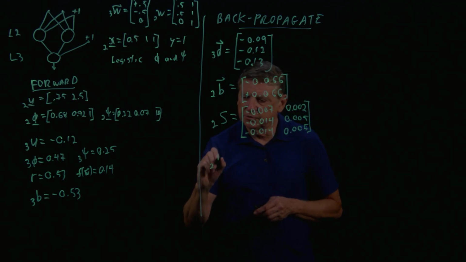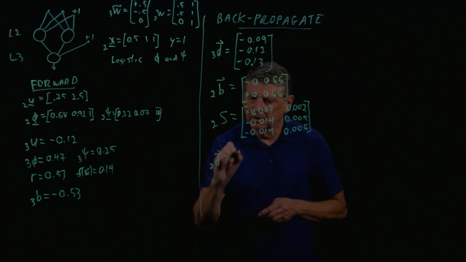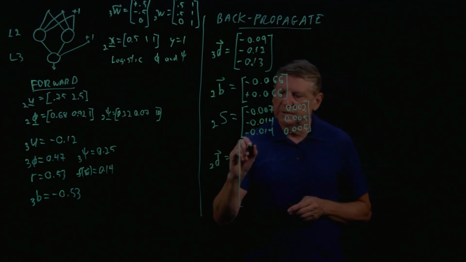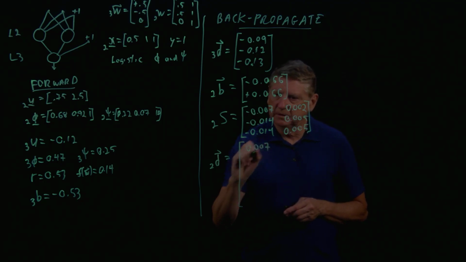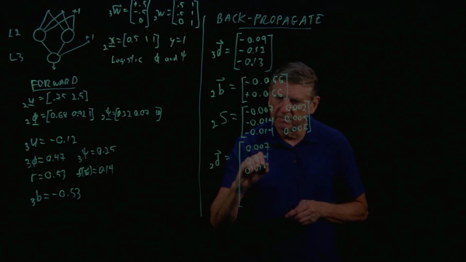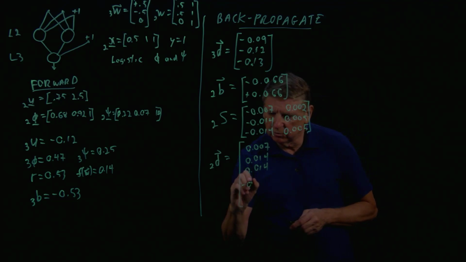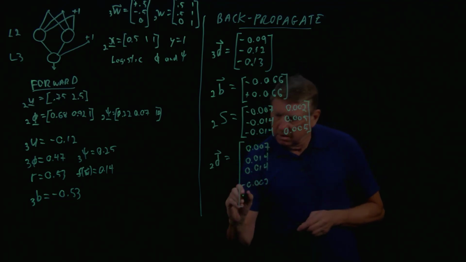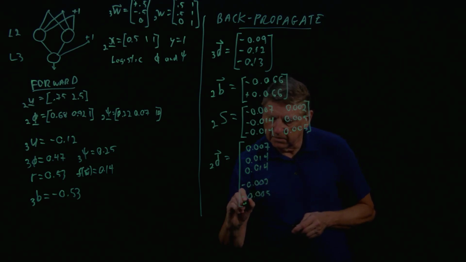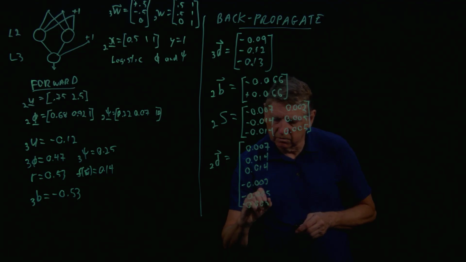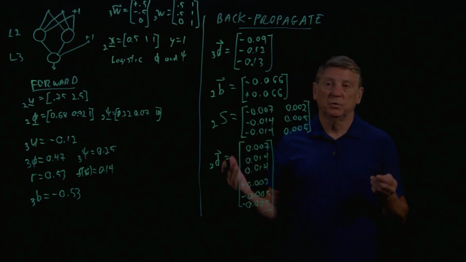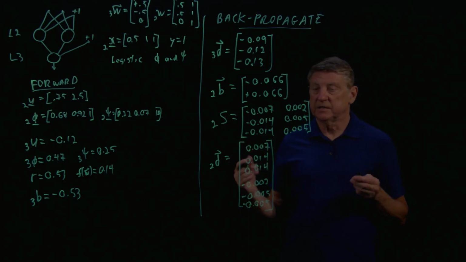And so our layer 2 descent vector is now going to have 6 entries, so I have to leave some space, and that will be 0.007, 0.014, 0.014, and then minus 0.002, minus 0.005, and minus 0.005. And so what I've done now is I've done all of the backpropagations.